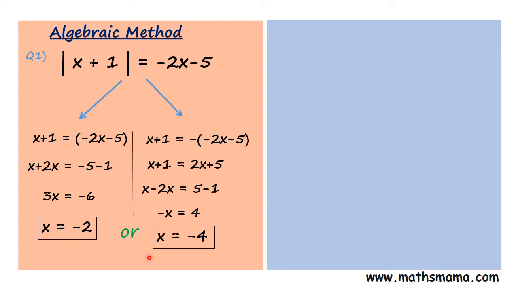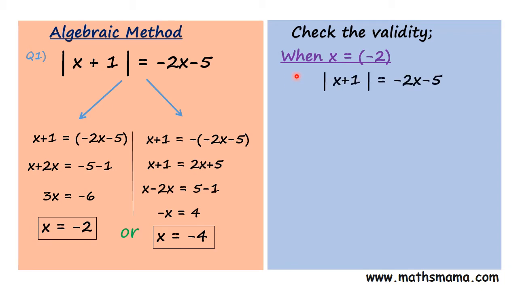Even though we got these two answers, make sure you substitute them in the original modulus equation and check the validity of your answers, because we still don't know whether these are the actual answers or not, right? So we'll substitute the first solution, x equal to negative 2, in the original modulus equation.